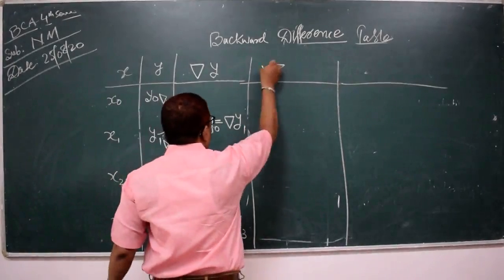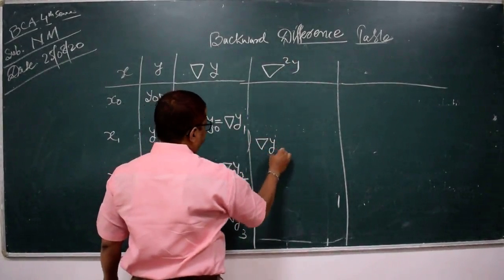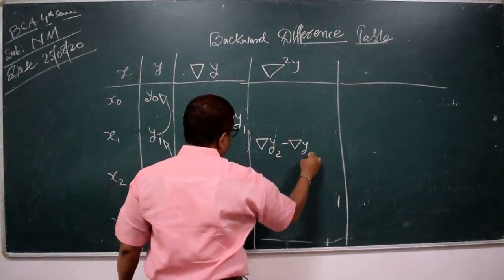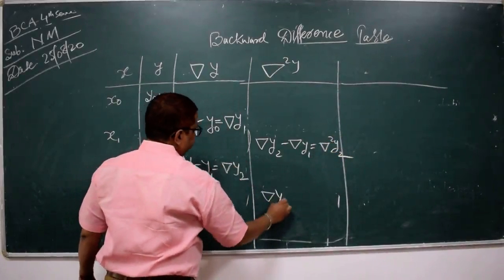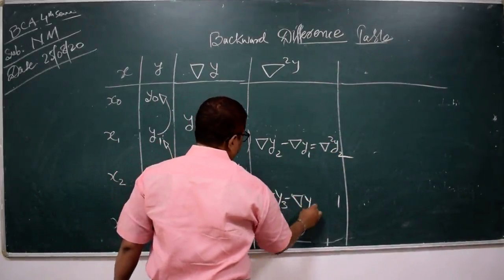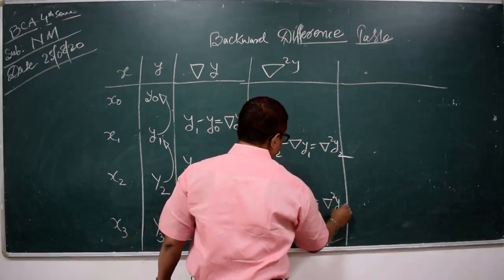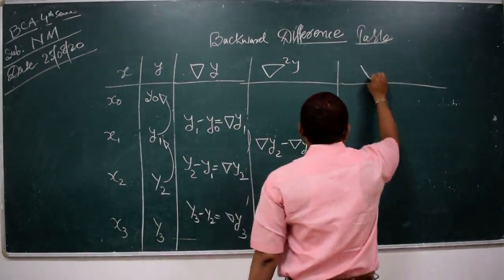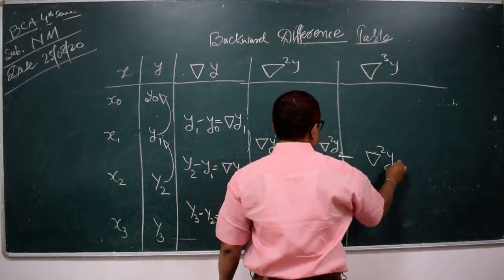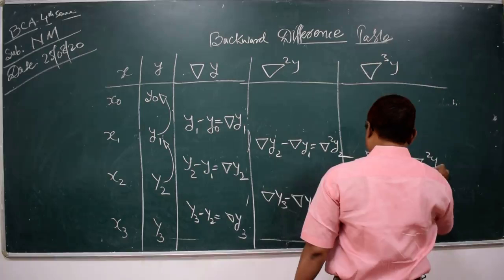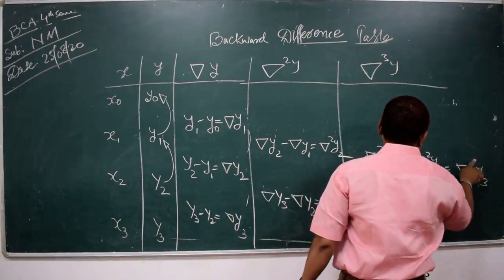Next, opposite delta square y: the opposite delta y2 minus opposite delta y1 is equal to opposite delta square y2, opposite delta y3 minus opposite delta y2 is equal to opposite delta square y3, and the last, delta cube y: delta square y3 minus delta square y2 is equal to delta cube y3.